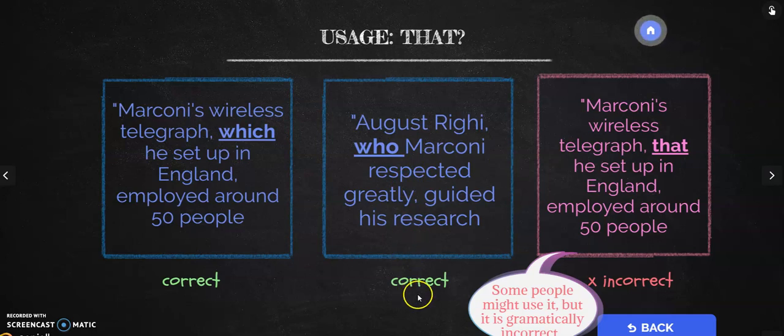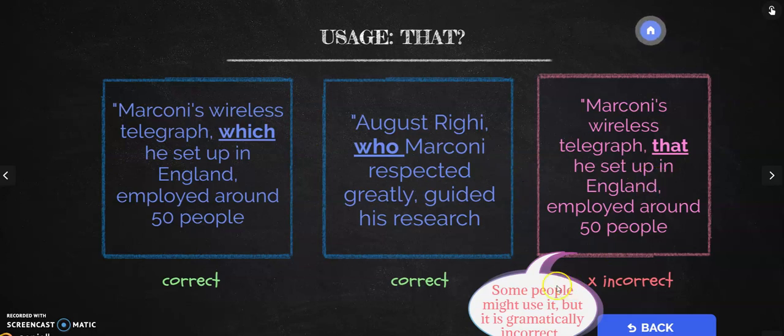Well, and apart from this, I would like to mention something about the relative pronoun that in non-defining relative clauses. Normally we use the pronouns which and who, but unlike in the case of defining relative clauses, I can't, or I shouldn't, use the relative pronoun that instead of who or which.